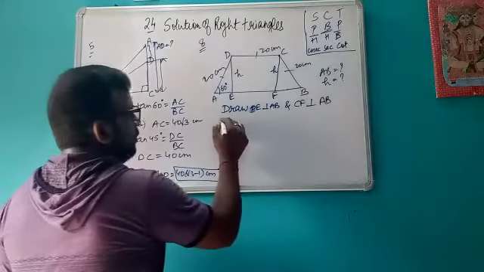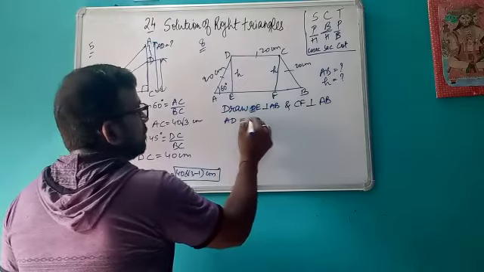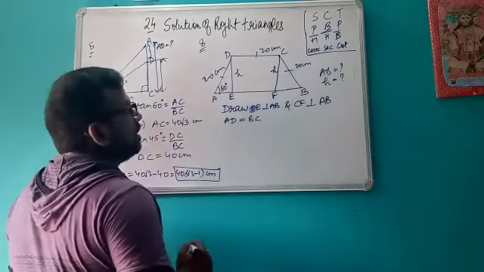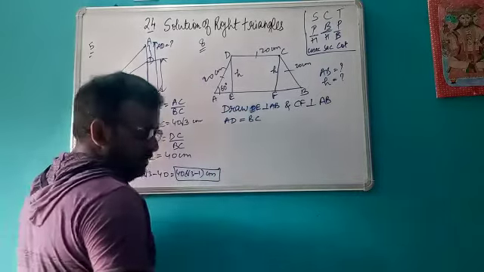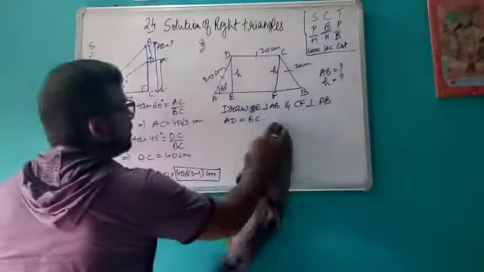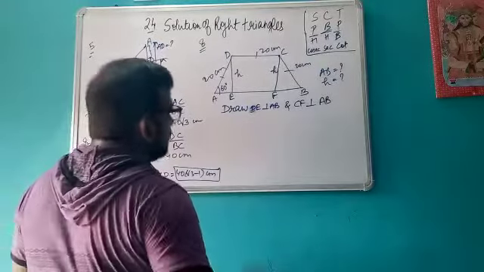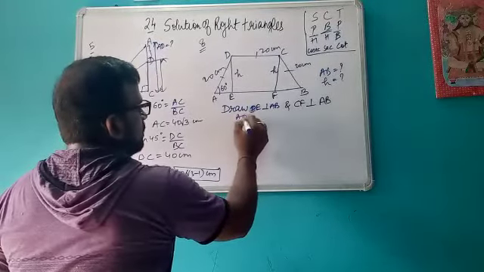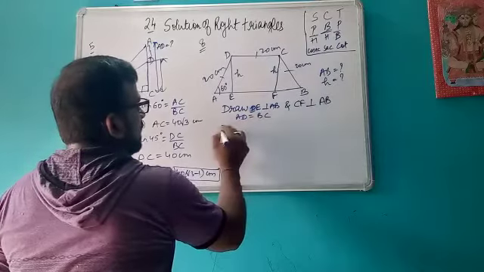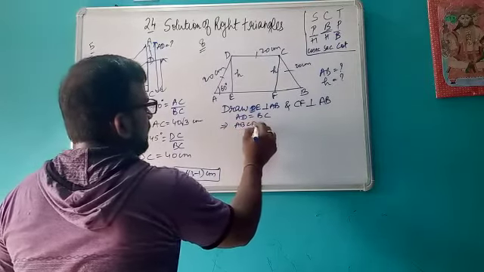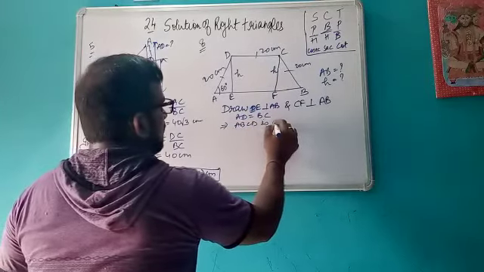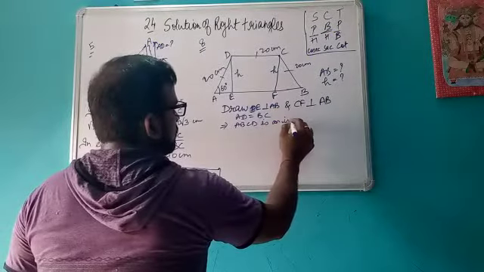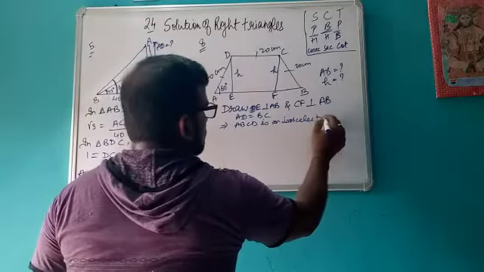Now what we know, AD is equals to BC. That means ABCD is an isosceles trapezium.